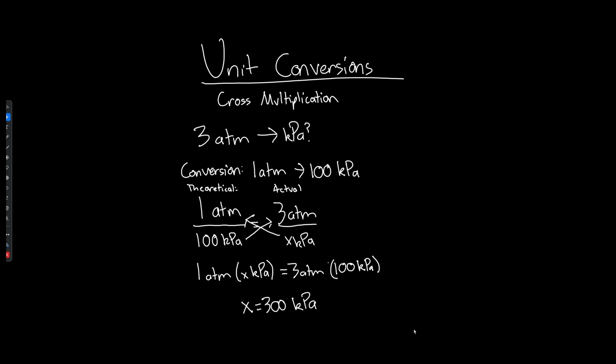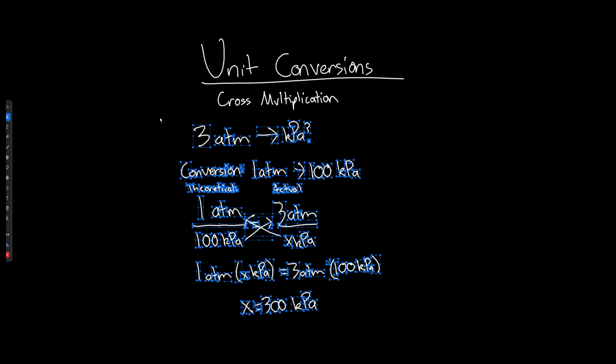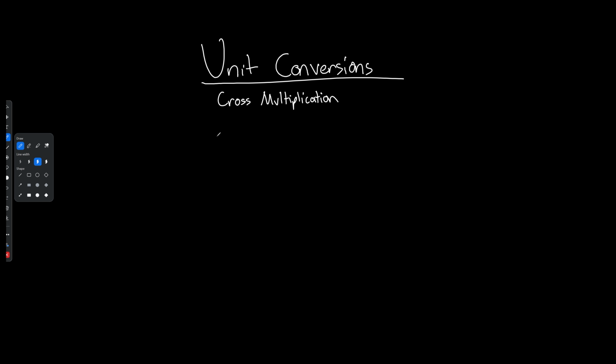So now we're going to do a little bit more difficult conversions. This first one, let's say we're trying to go from 50 kilopascals to an X amount of millimeters of mercury, which is the same thing as torr.